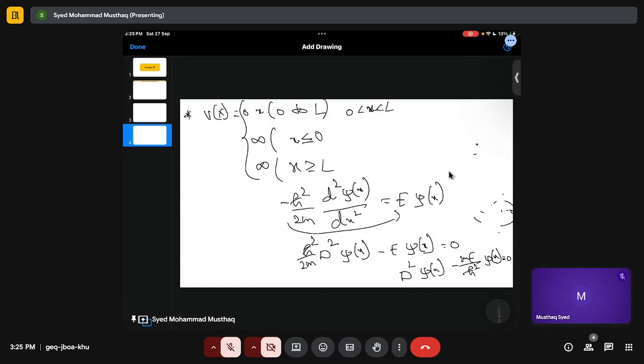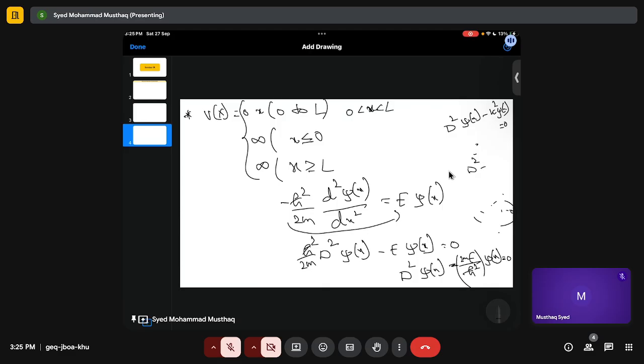Okay, so far so good. Even I can consider this term as k squared. So d squared psi of x minus k squared psi of x equals 0.